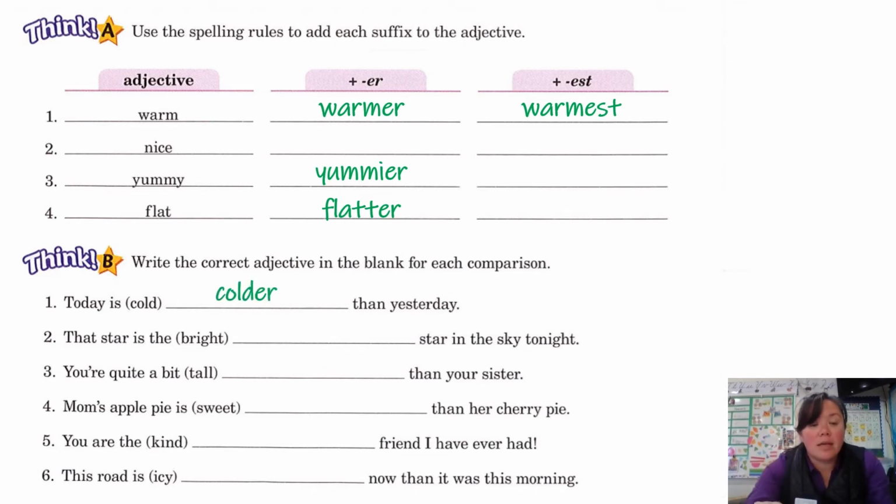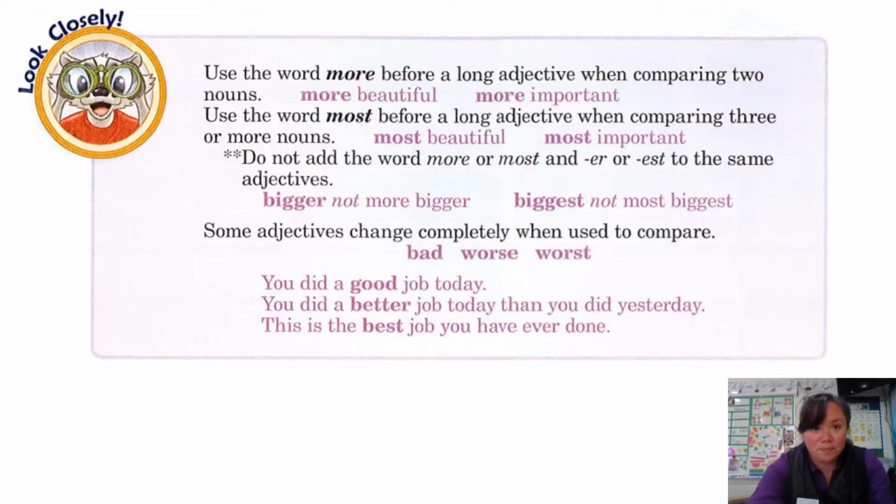Number 2, if you look at it, it says that star is the blank star in the sky. So we're talking about the whole sky full of stars. That's definitely more than 3. So you're going to need to use EST. That is the brightest star in the sky tonight. Okay? And you'll continue this on this page.